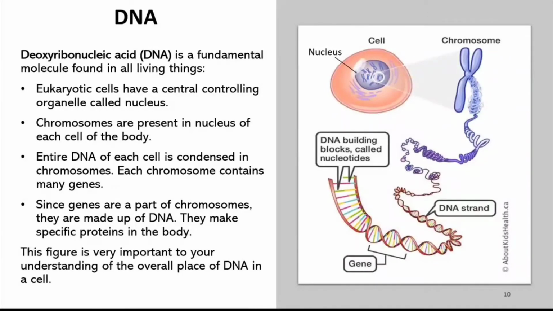Otherwise, they are not really present as condensed chromosomes, but rather as chromatin, right? The chromatin material is loosely present in the nucleus, and it is actively transcribing, and that transcription results in eventual translation to proteins. So if the chromosomes were always tightly bound like that and condensed, they could not really transcribe and make proteins.